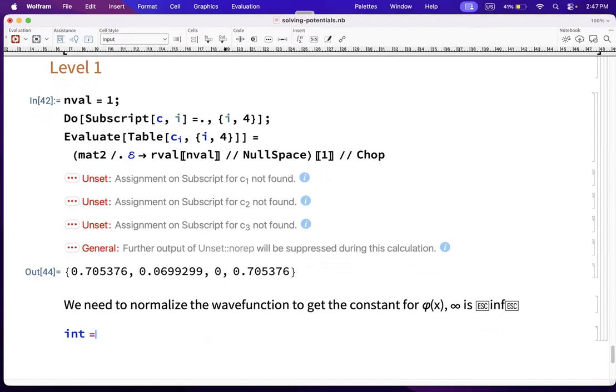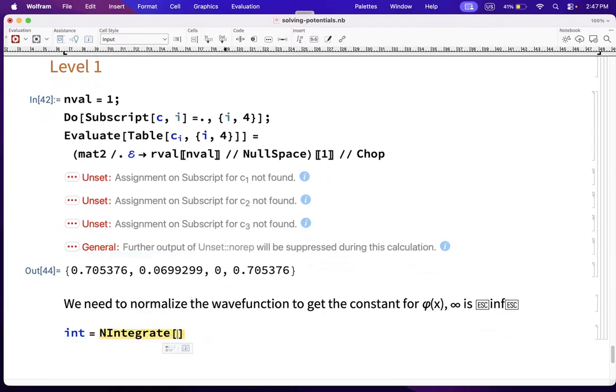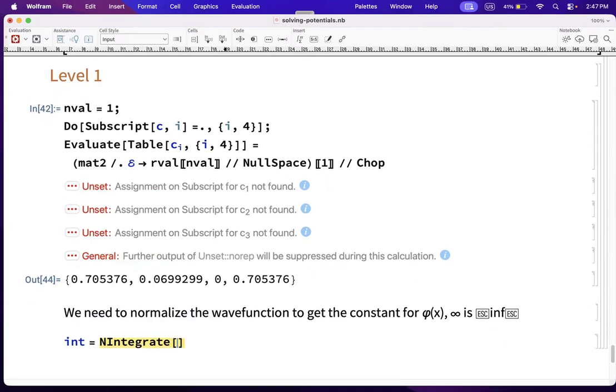I'm going to put int is equal to, and we'll have to integrate. So we have to integrate the wave function. We need to integrate this wave function, and this has to be equal to 1.